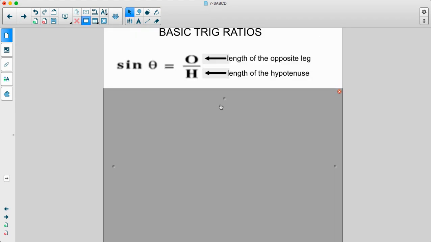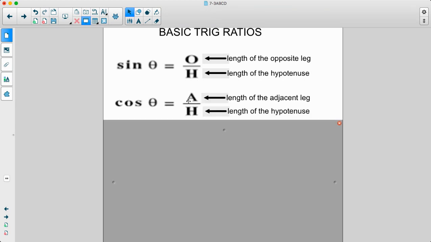So the first one I want to talk to you about is the sine of an angle. The sine of an angle, that decimal number you'd get if you punch that into the calculator, if you knew the angle, is the same decimal you'd get if you take the length of the leg opposite that angle and divide it by the hypotenuse of the right triangle you're talking about.